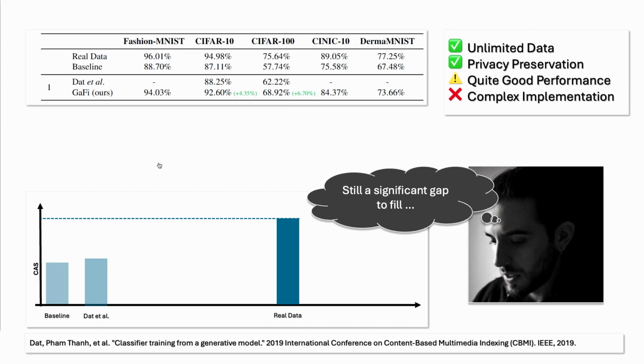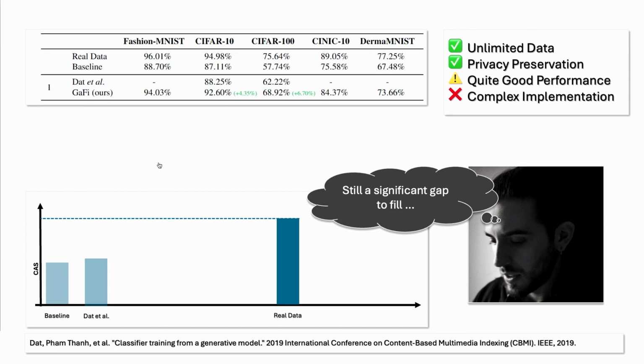Because so far we have trained the generators in order to make images that look the same from a human perspective, that look real, not because they are useful for classification. It was just, does it look real or not?